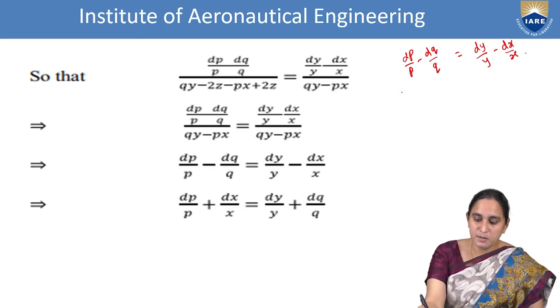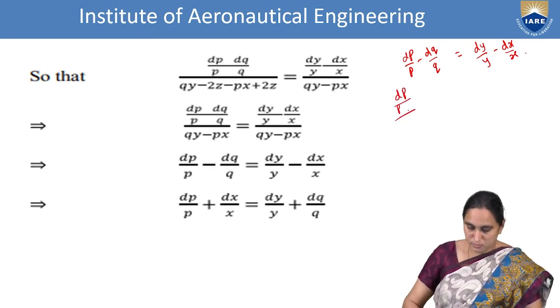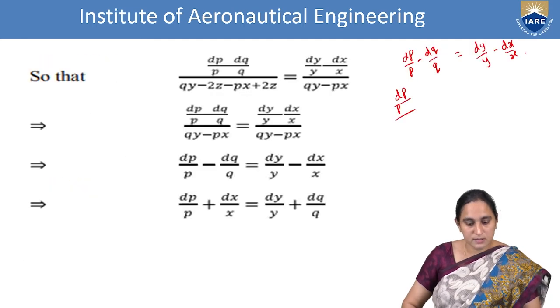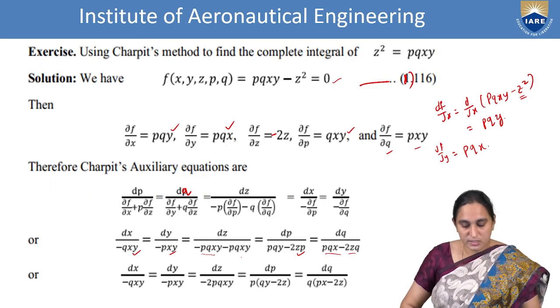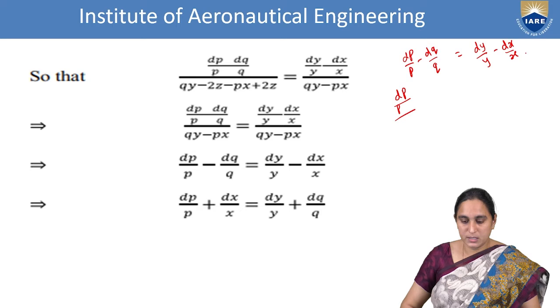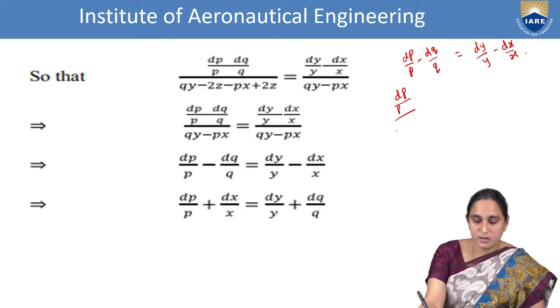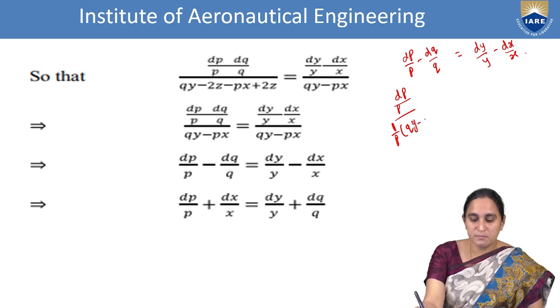That is dP by P into Qy minus 2z. I'll divide with P, that means here P cancels. We get Qy minus 2z minus Px plus 2z.